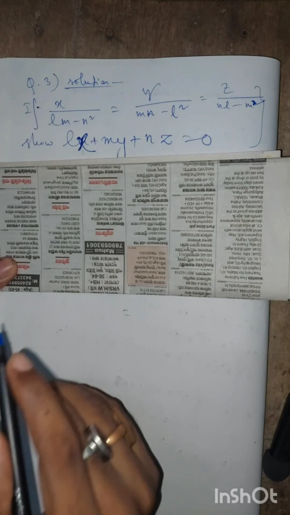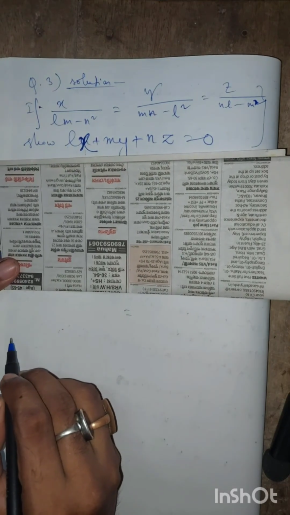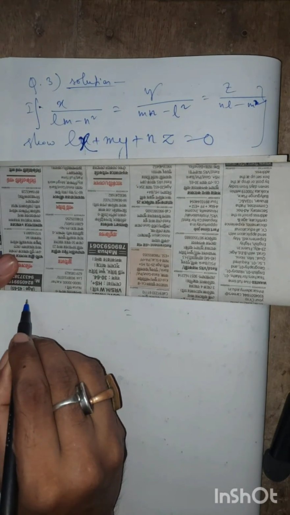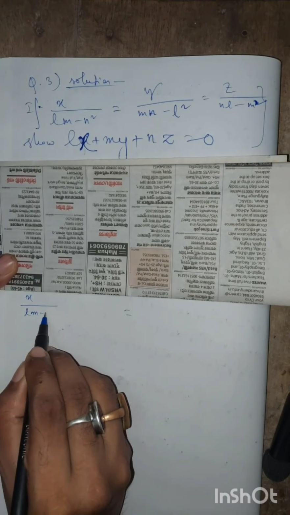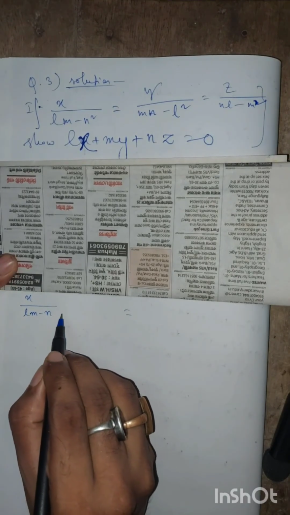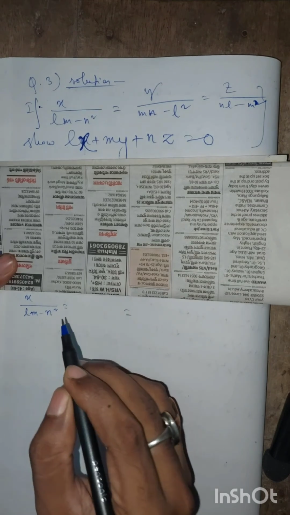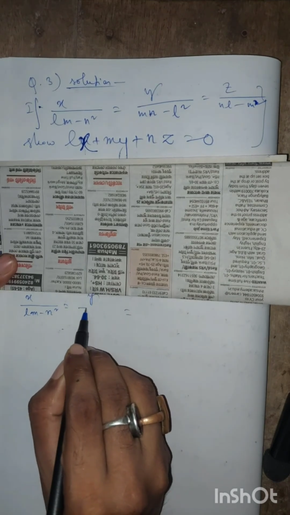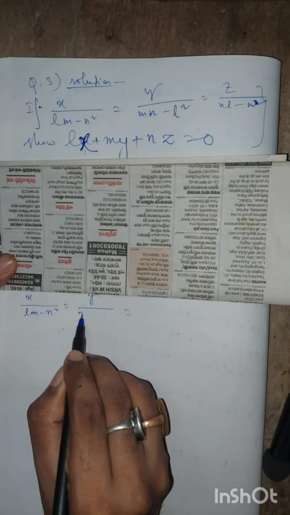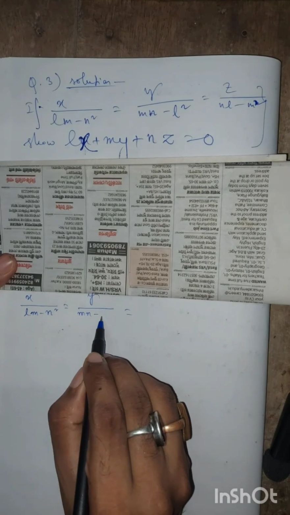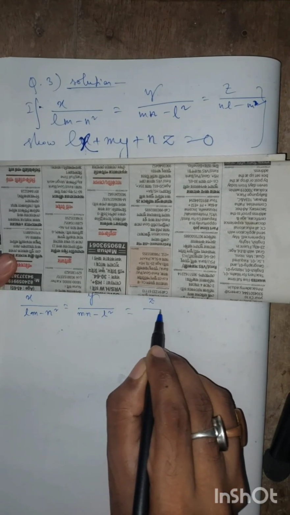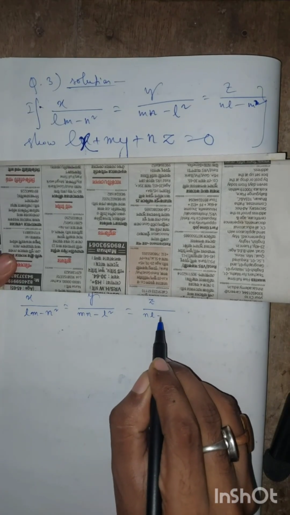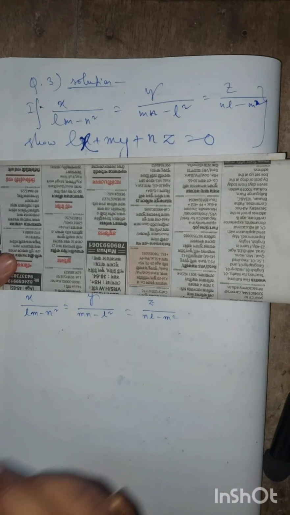So first, let us write the given information. x by lm minus n square is equal to y by mn minus l square is equal to z by nl minus m square.